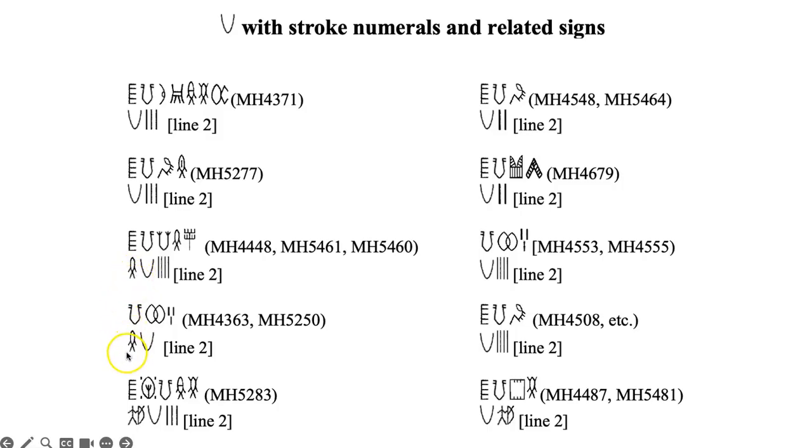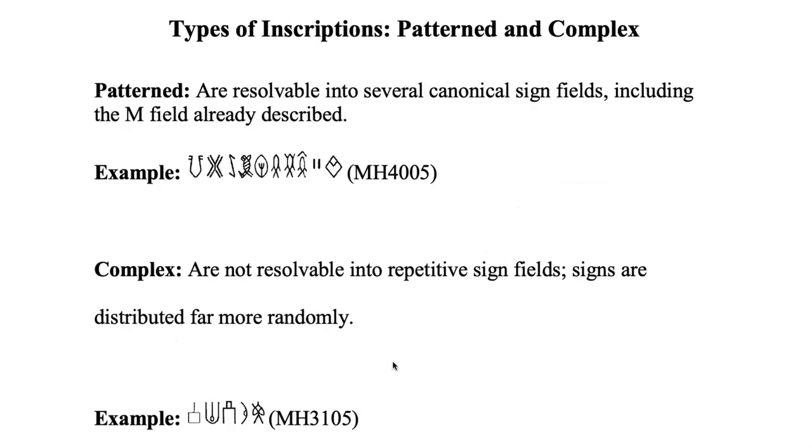Here and then here we see it in lieu of a stroke numeral. And then down here we see this curious thing with this Bowman sign, which is also over here as well. So that's an interesting fact that will lead us to some interesting inferences later on. Okay, so this is kind of a quick overview of the subject of mensuration.